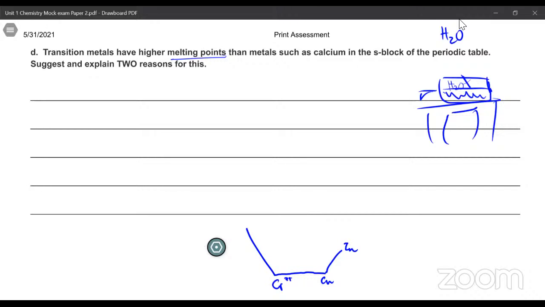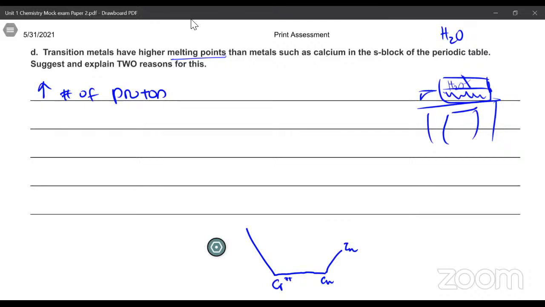So you need to think about what would make the metallic bonds stronger. In this case, there are two reasons why the transition metals would have higher melting points than metals such as calcium in the s block of the periodic table: the stronger metallic bonds that would be formed. Transition elements have larger atomic numbers than calcium, so the number of protons is more.